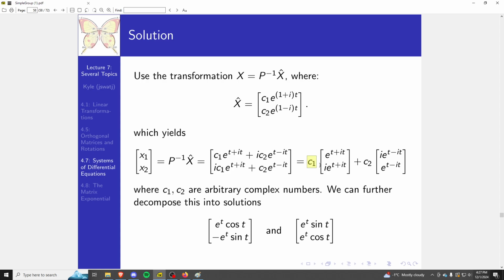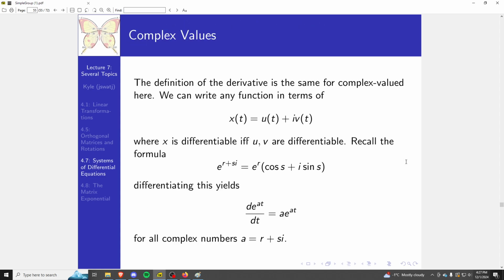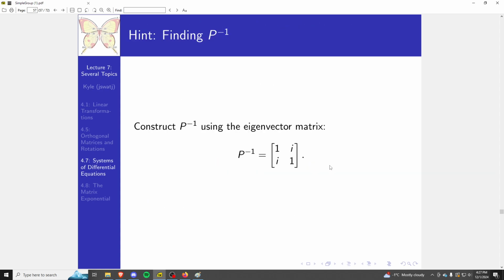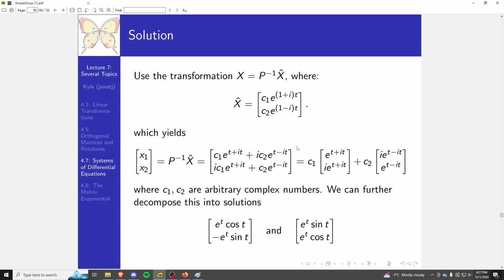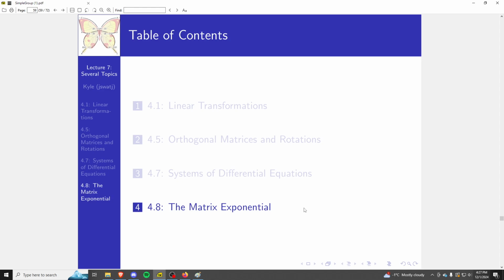And when we break it up, it's going to look like this. And we can decompose this using that rule that we talked about, this one right here, into the two solutions, which are down here.